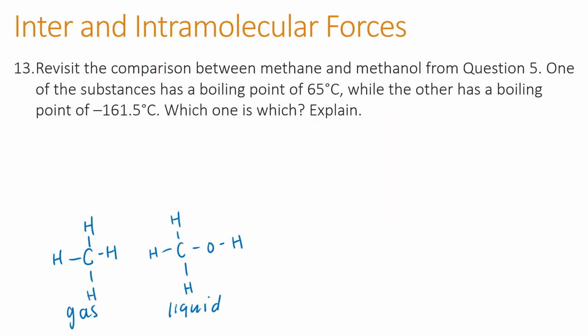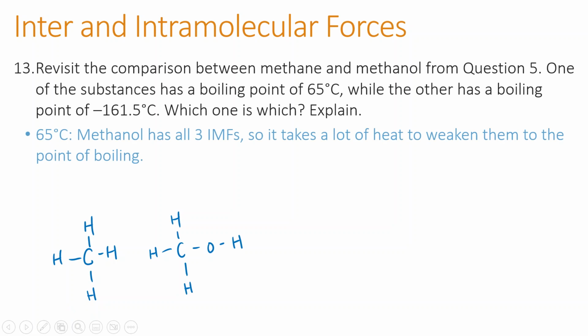It has dispersion forces, dipole-dipole, and hydrogen bonding. So one of these substances has a boiling point of 65 degrees Celsius, and the other boils at negative 161.5. So which one is which?